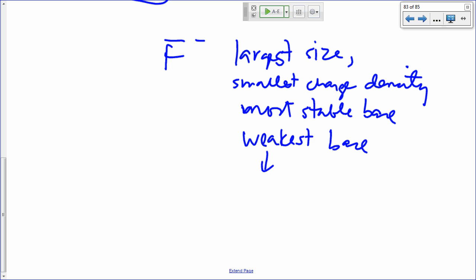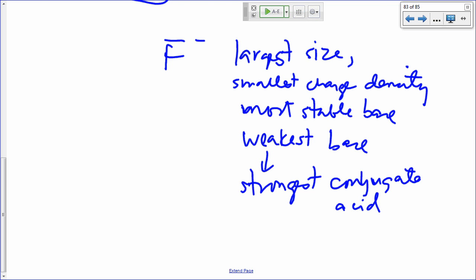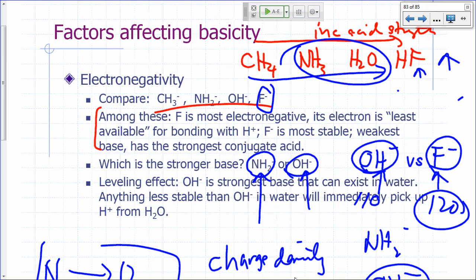And it's going to have the strongest conjugate acid. So HF is the strongest of the conjugate acids here. HF would be the most acidic. So that explanation of using charge density still works.